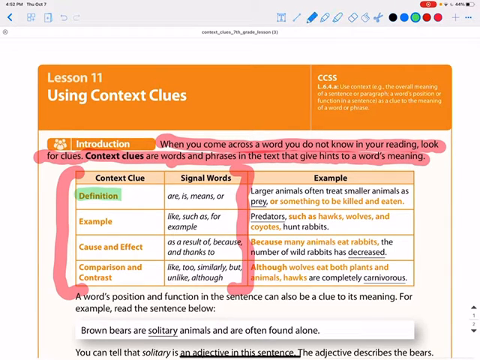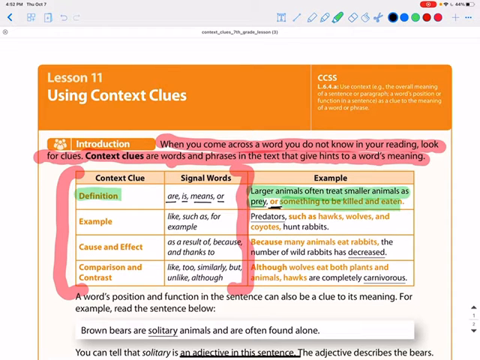And in those cases, the words are, is, means, or. So let's read the sentence, how they do this. Larger animals often treat smaller animals as prey, or something to be killed and eaten.